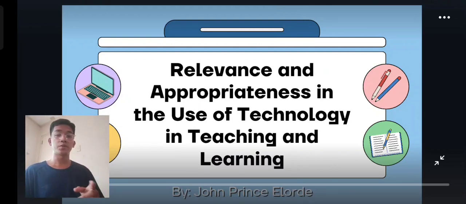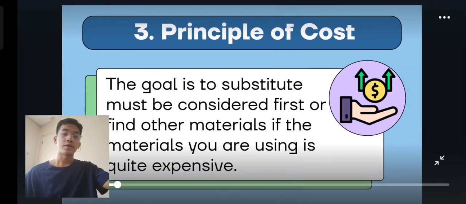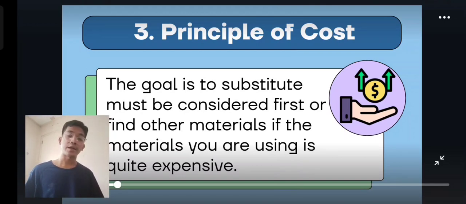So here we will be focusing on selecting instructional materials. Okay, are you ready? Let's proceed. As I have said earlier, Miss Magtangov has already discussed the first part of the relevance and appropriateness of using technology.